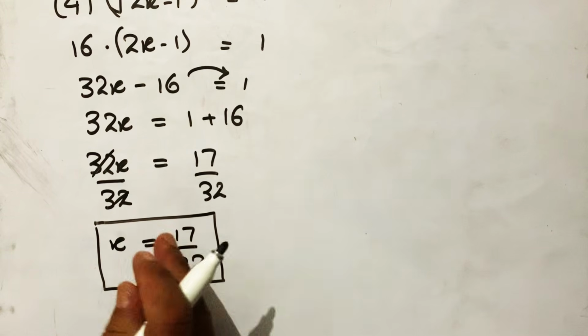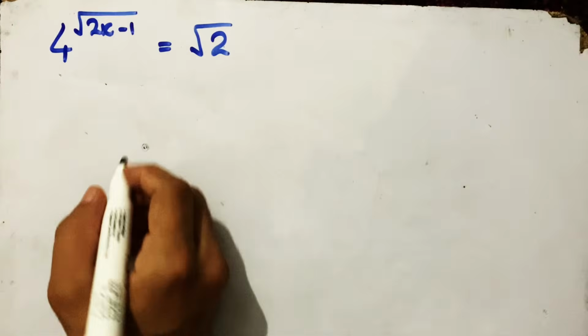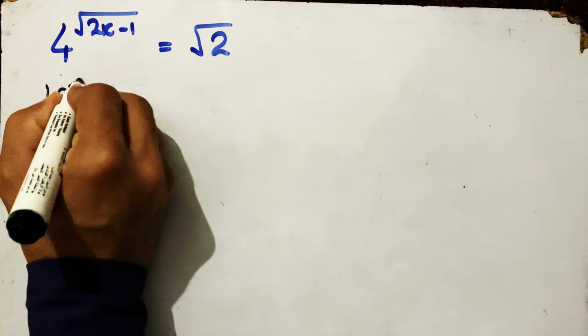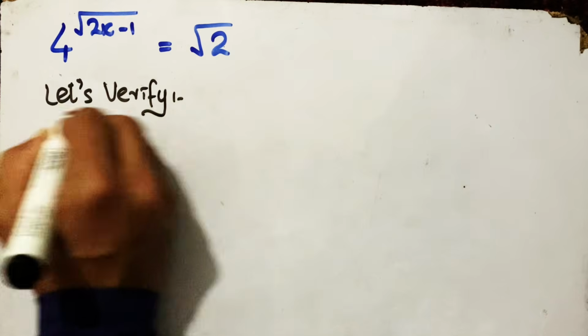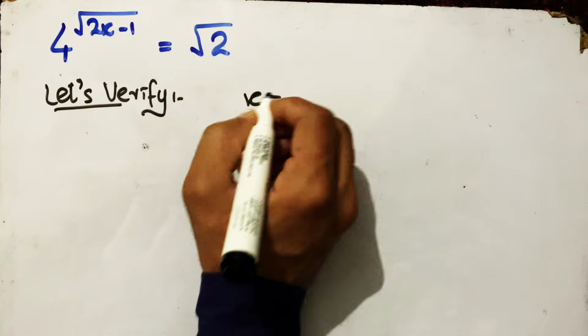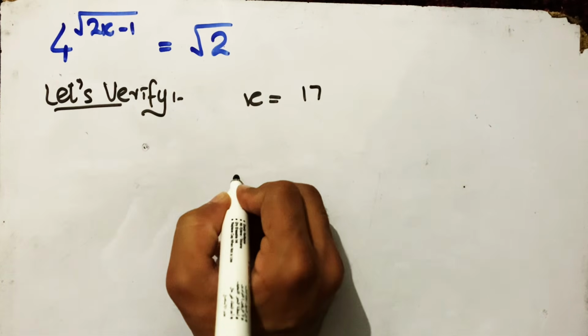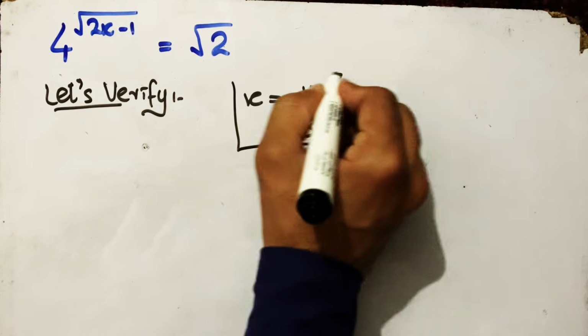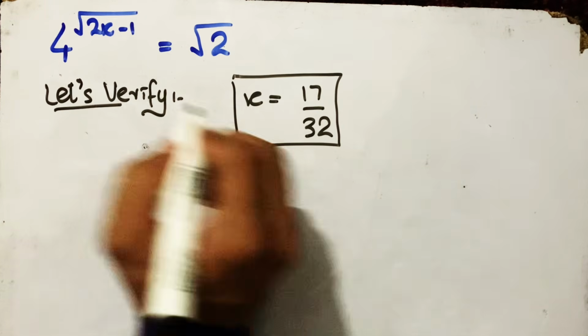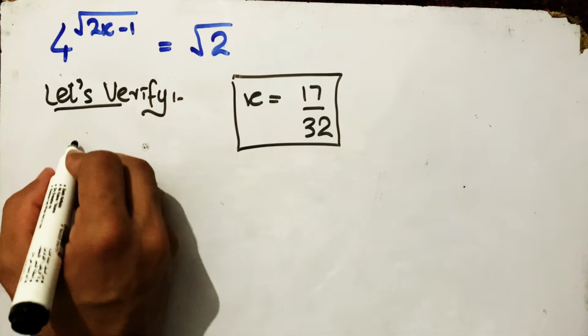So let's verify this. Let's verify where x is equal to 17 over 32. Put the x value into the main equation.